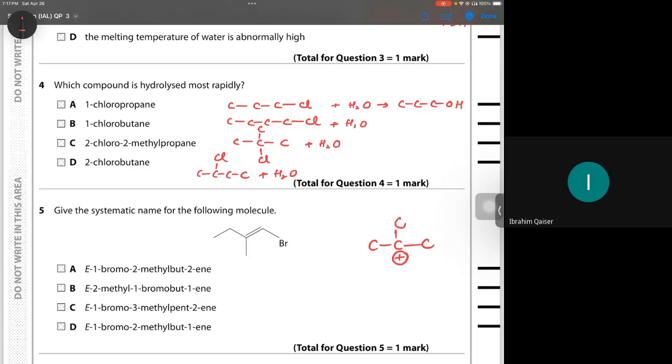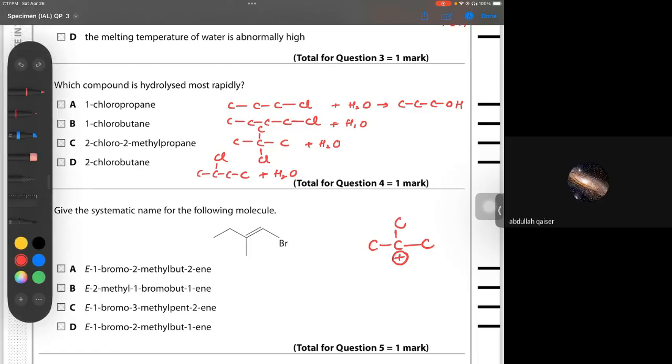So that means it's going to be hydrolyzed the least rapidly, right? If it's more stable, when the positive charge is balanced, it means that these alkyl groups are going to donate electrons to this charge.